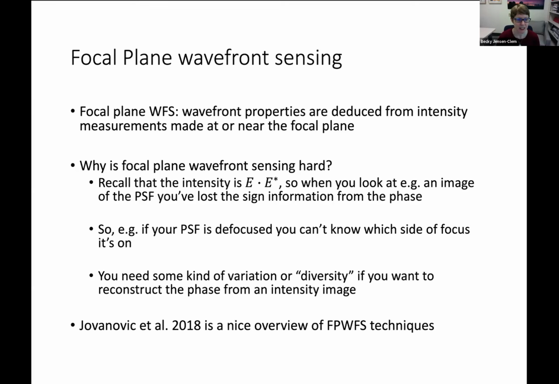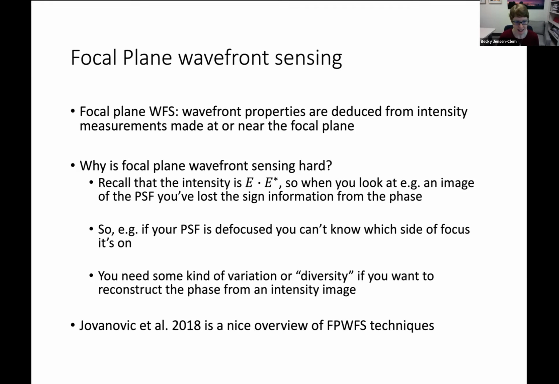But what I'll just emphasize right now is that if you recall that the focal plane intensity is related to the electric field times its complex conjugate, that's a reason why you're losing the sign information of the phase.